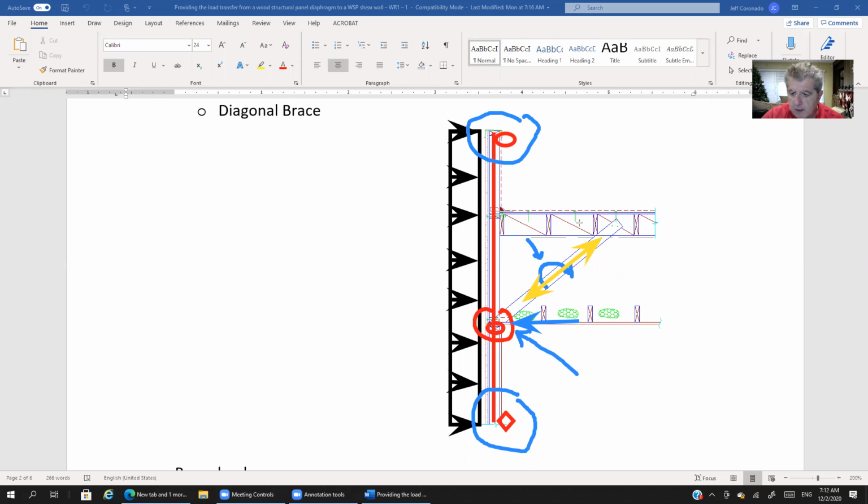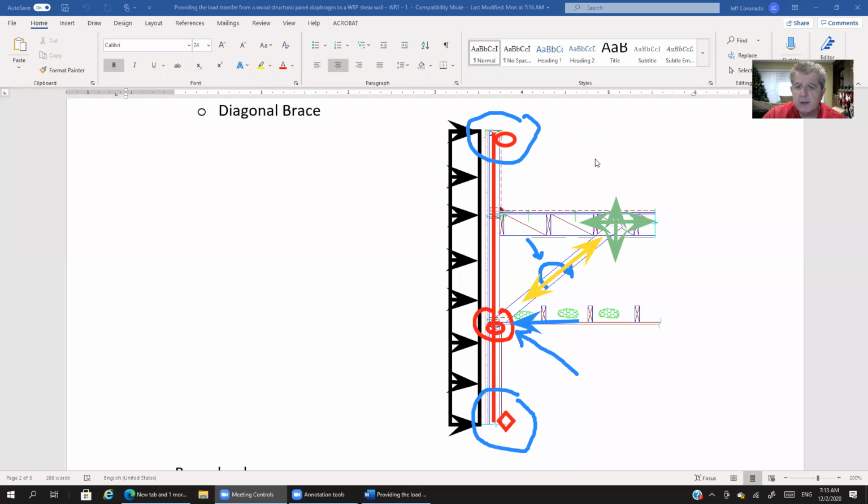So we've got a horizontal component as our reaction at the end of the brace, and we've got a vertical component. And again, those loads are reversible, so depending on the direction of the load, that'll dictate what direction your two components are. But we do need to resolve the forces in the brace.